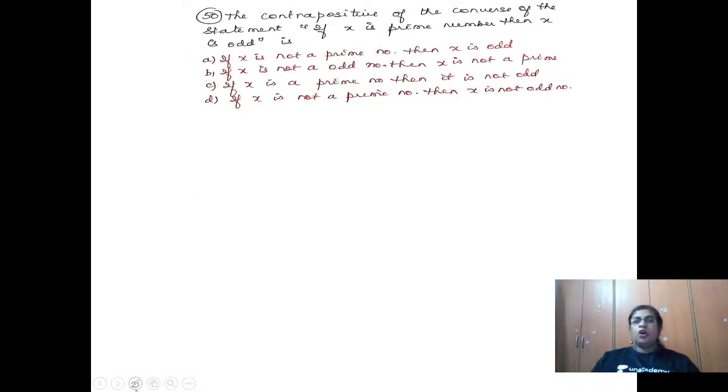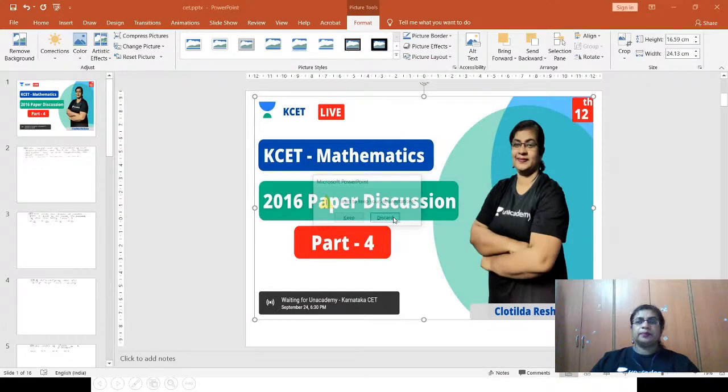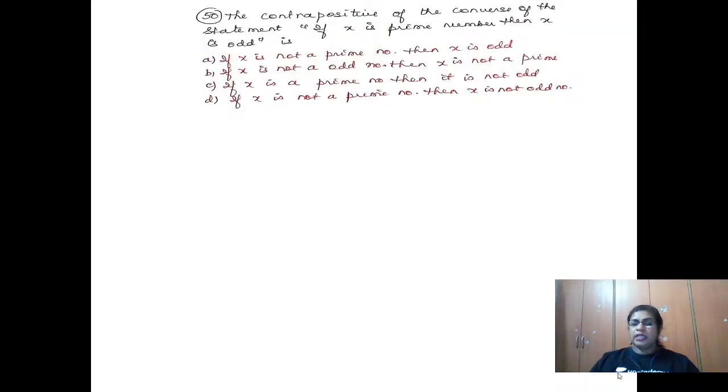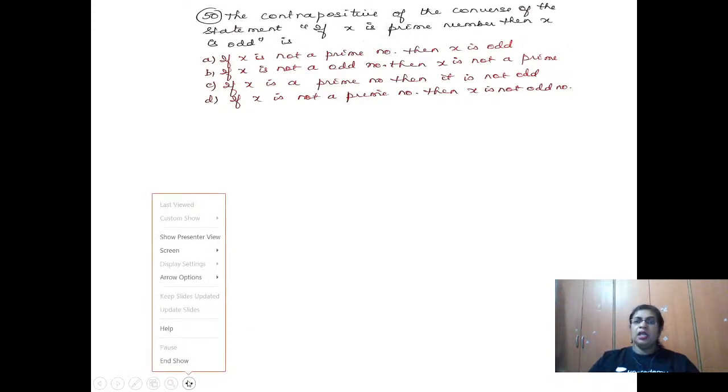Okay, so we move on to the next question, question number 50. This question is telling us: the contrapositive of the converse of the statement, if x is a prime number, then x is odd, is.